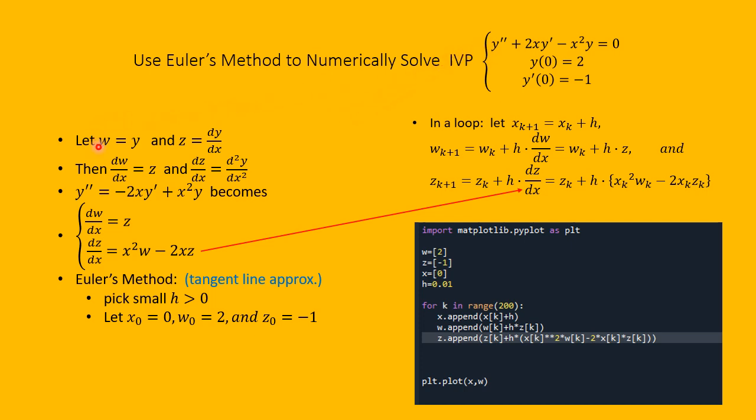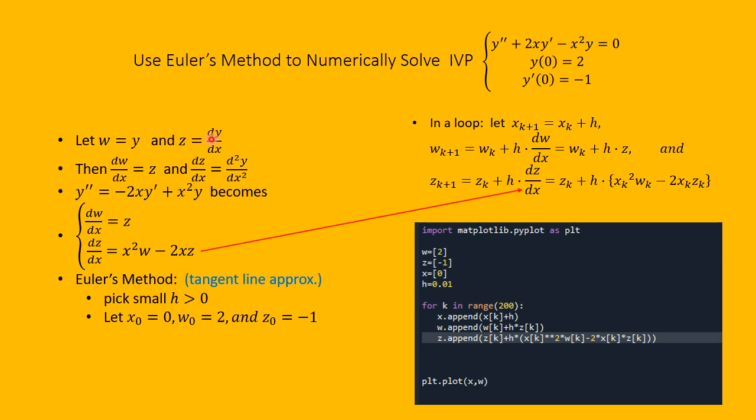So the first thing I'm going to do is let y and w be the same function. Let w equal y. w here is a function of x also. I'm going to let z be the derivative of y with respect to x. Okay, well, not too much there. We've just introduced a couple more variables, or actually functions, into this.